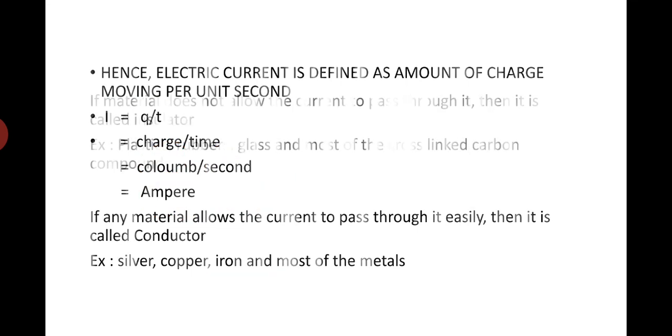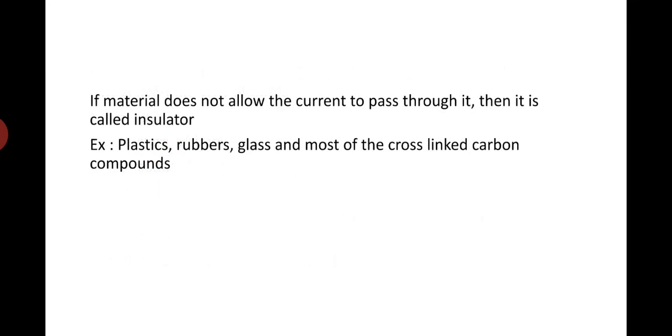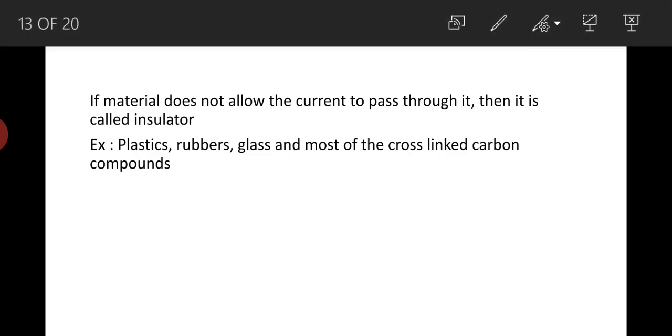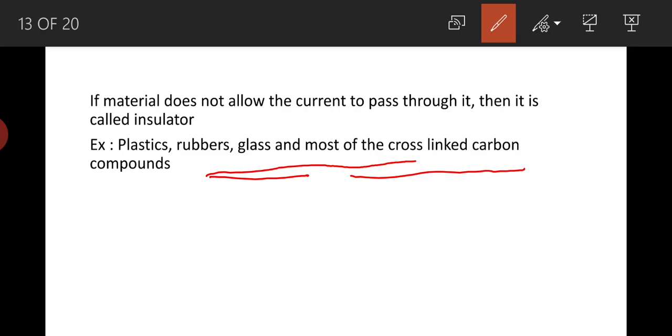If any material does not allow the current to pass through it, then it is called an insulator. Examples are plastic, rubber, glass, and most of the carbon compounds, organic compounds, linear chain compounds, cross-linked compounds, etc., which do not have any free electron in them.